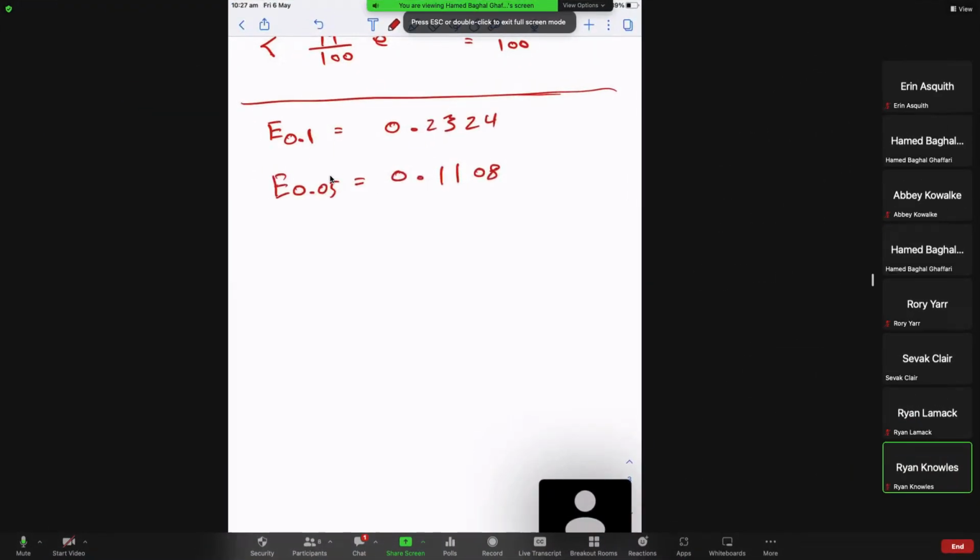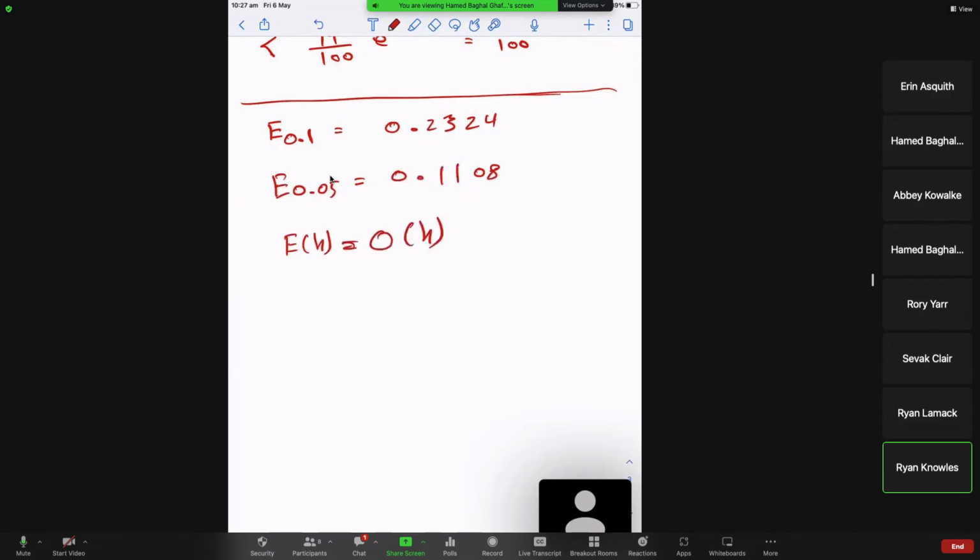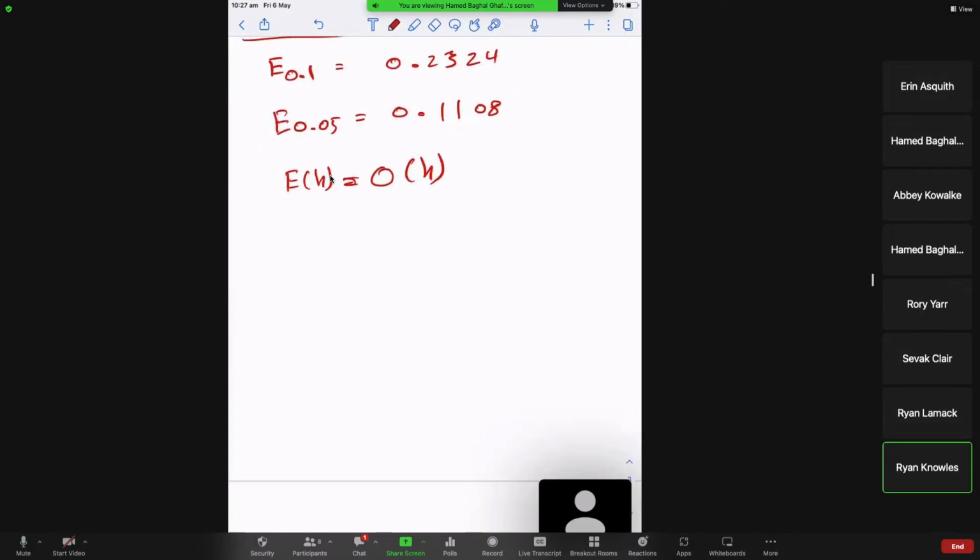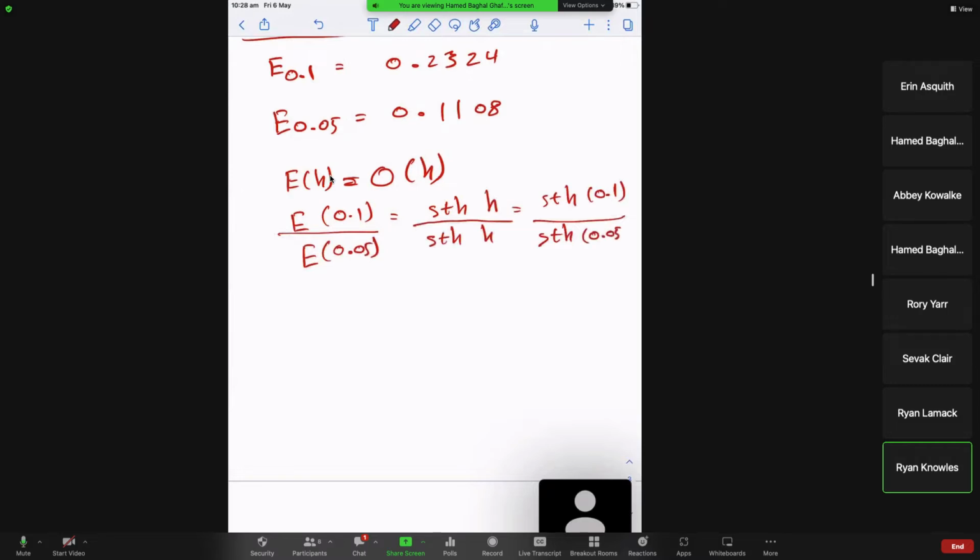So we know that E(H) is big O notation of H. Let's assume that E(H) of 0.1 is something times H, or something times 0.1, and now I divide it by big O notation of E(0.05), something times H, or something times 0.05.